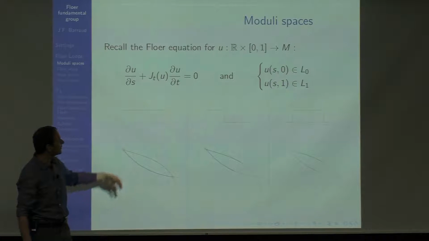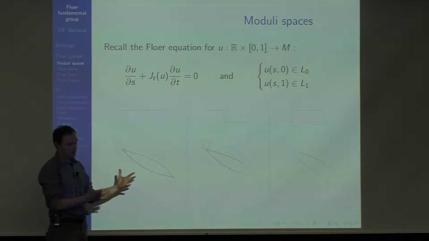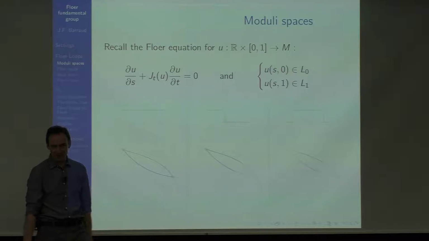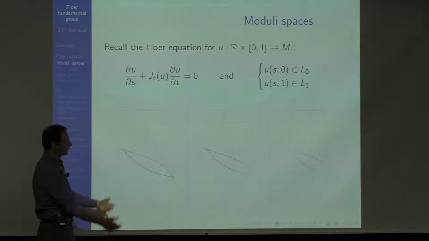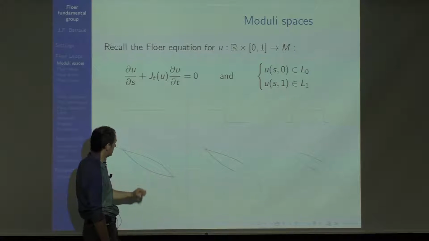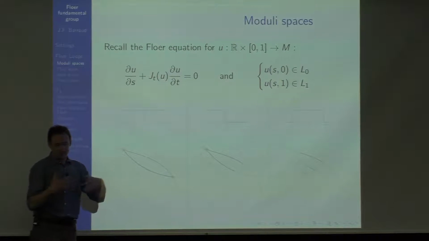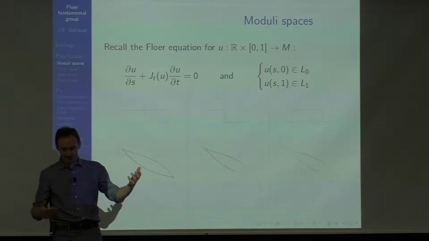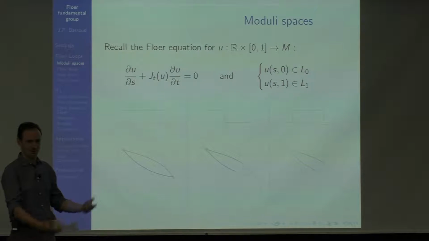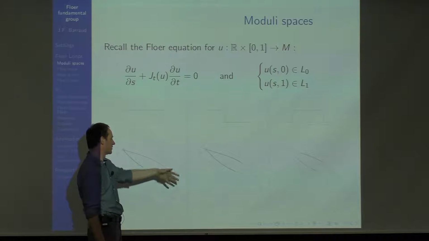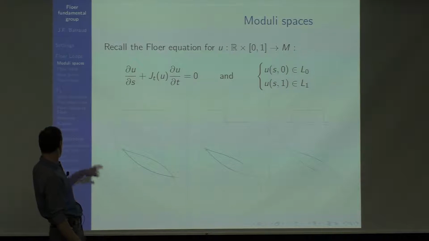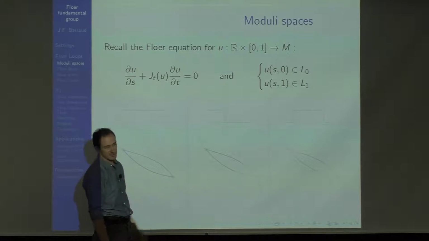I would like to be very fast on that because there is nothing fancy, nothing specific to the construction of the fundamental group here. Of course, there are several versions of Floer trajectories in the Lagrangian setting. I take this one because it's good for one of the applications when you do Lagrangian cobordism, but you could take other ones.